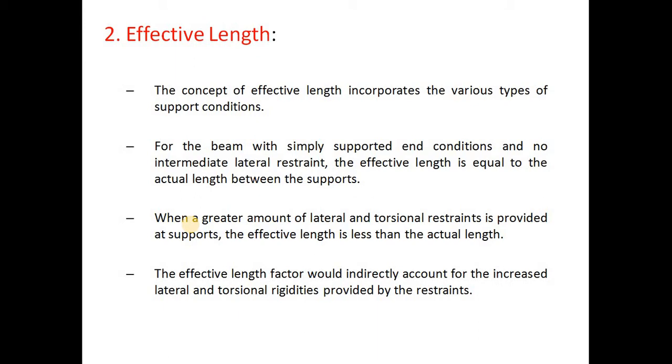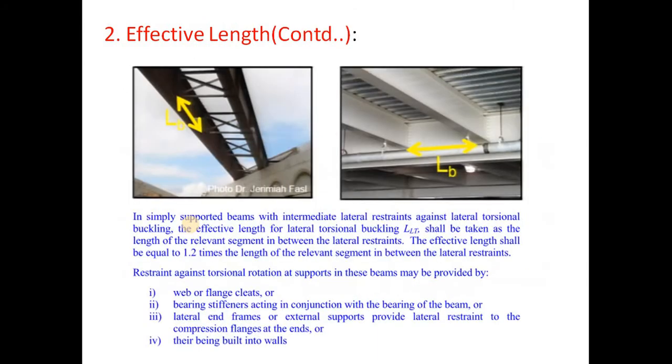The effective length factor indirectly accounts for the increased lateral and torsional rigidities provided by the restraints. So this is how the effective length of a beam affects the lateral instability of the beam.